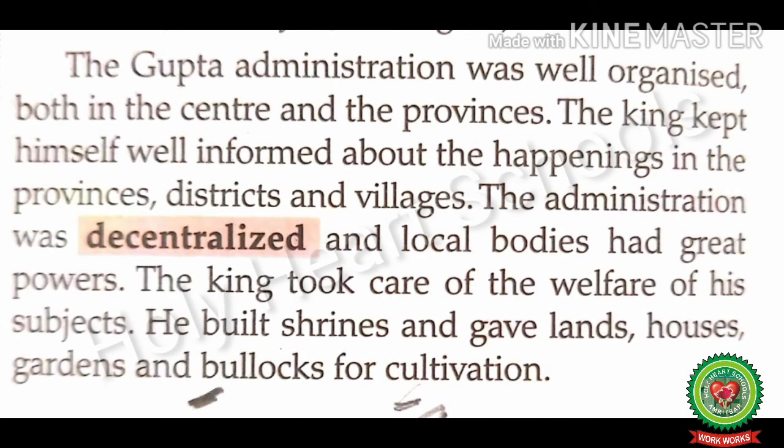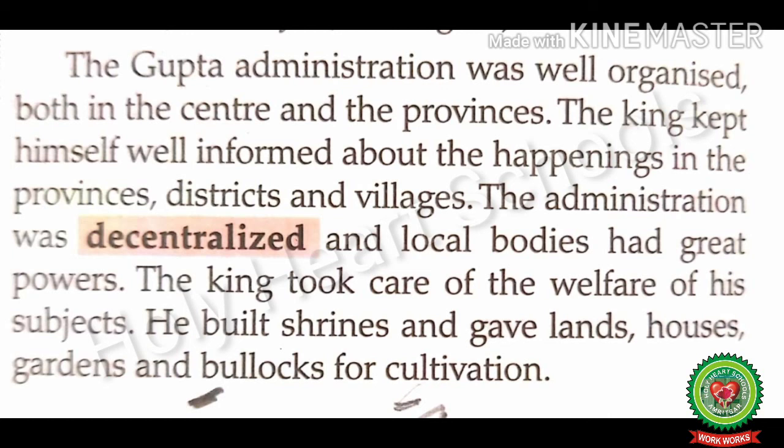Let's continue reading. The Gupta administration was well organized both in the center and the provinces. The king kept himself well informed about the happenings in the provinces, districts, and villages. The administration was decentralized and local bodies had great powers. The king took care of the welfare of his subjects.